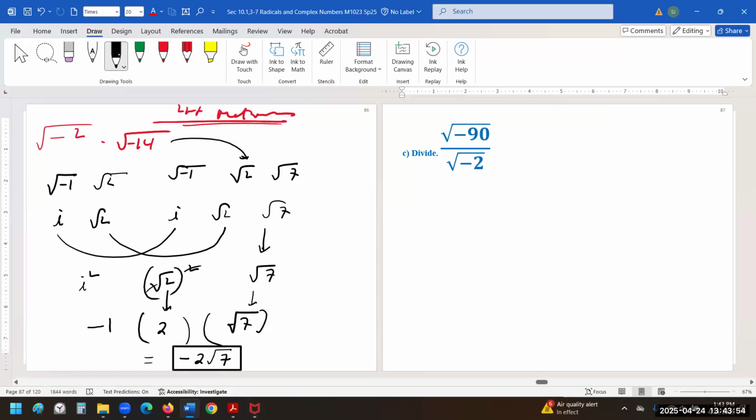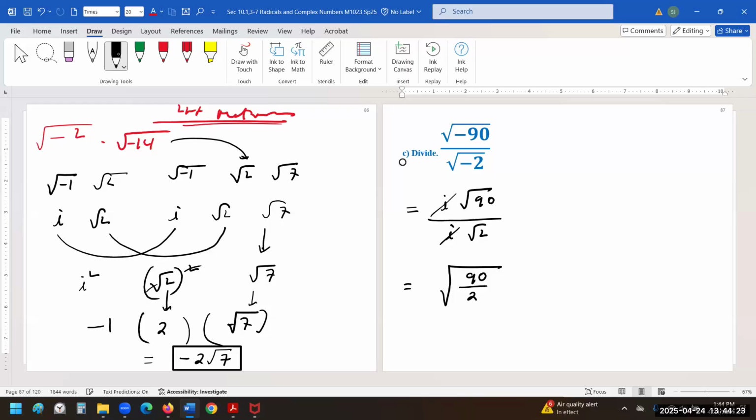Now in division, you can do the same thing. First, pull out your i and then work with the real numbers. So i square root of 90 over i square root of 2. We have the exact same thing, they cancel out. And we can have a big 90 over 2 because they're real numbers, we can combine them.